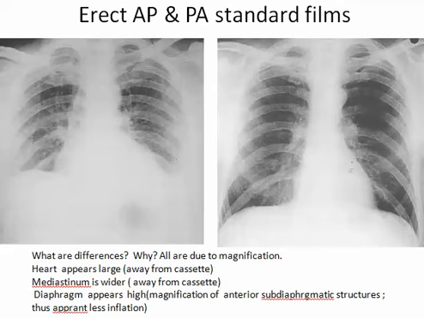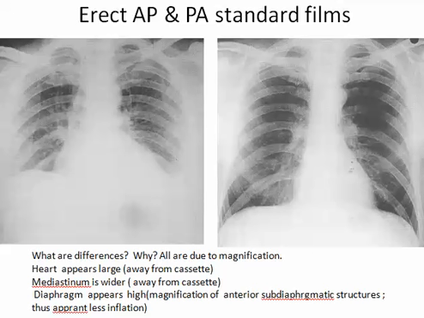This is the slide showing some differences between erect AP and PA standard films. What are the differences? You can see, and why they are, and all of course are due to magnification.